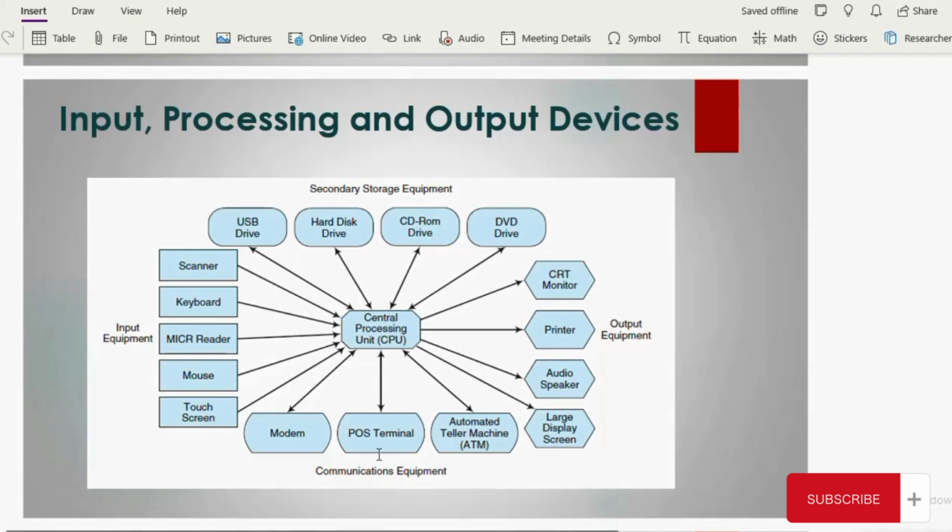Then there are some devices which are used for communication purposes. So communication devices could be input devices as well, because they communicate and data is stored in the system as an input. The most common example is the modem, which is useful for internet services.